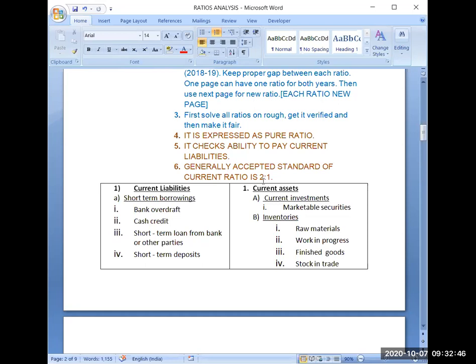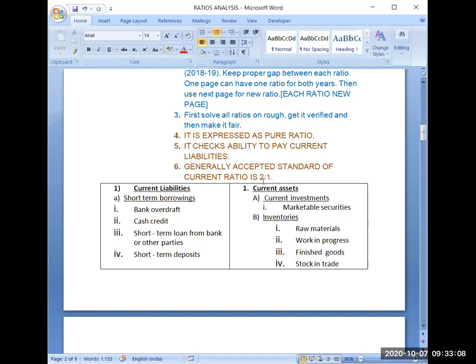Suppose my current assets are rupees 200 and I cannot realize more than rupees 100 from them. Even then I will be able to pay the current liabilities safely. So that is considered safe. That's why it is always demanded that your current assets should be at least double your current liabilities. So the standard of the current ratio is that it should be at least 2:1.